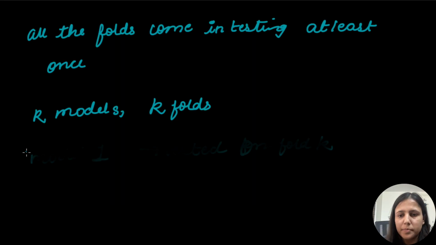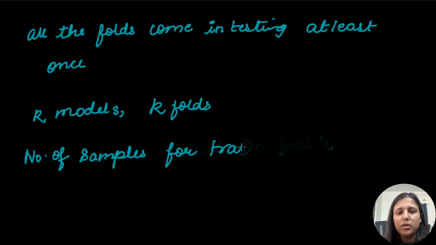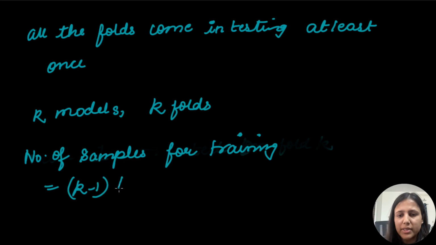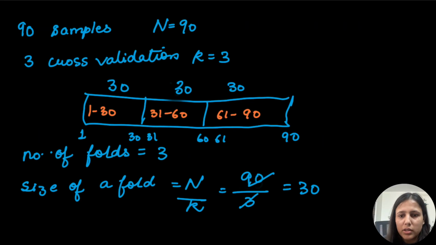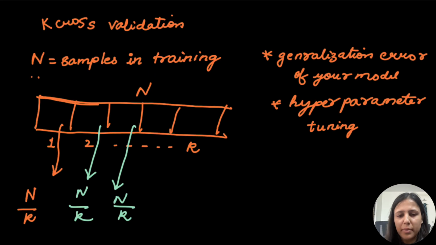So what does that mean? Let's calculate the number of samples for training. We know that for every model we use k-1 folds, and every fold is of size n by k.